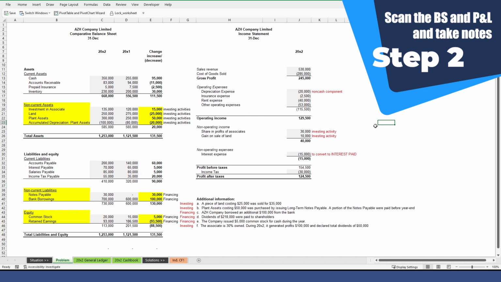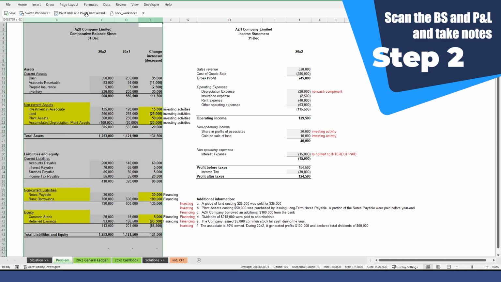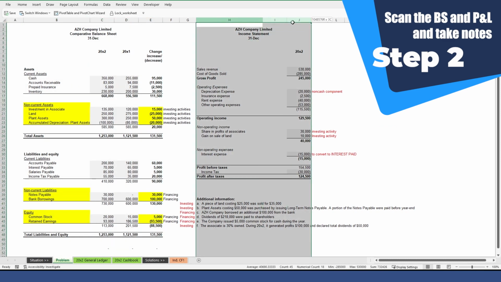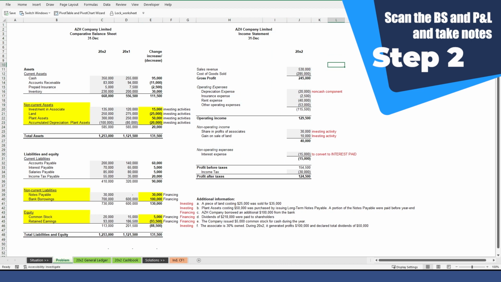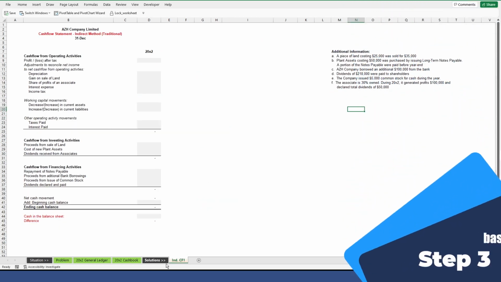Now that you have already built up your expectations in step 2 by taking notes of what are the different movements in the balance sheet and the income statement, we're now ready for step 3. The next step that you have to do is to lay out your cash flow template. We already did this in this tab here.